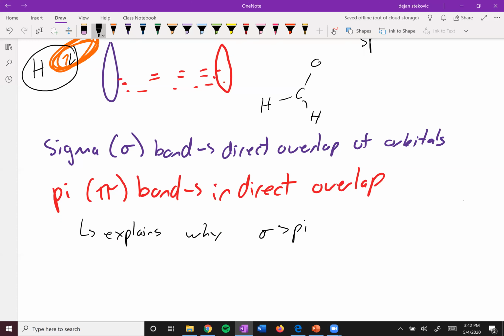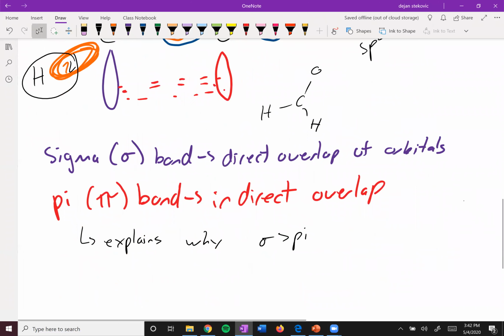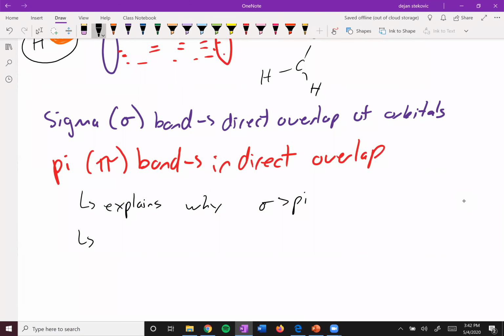That's because there's direct overlap, and that makes the bond stronger as opposed to weaker. The other thing it explains is why double and triple bonds can't rotate.